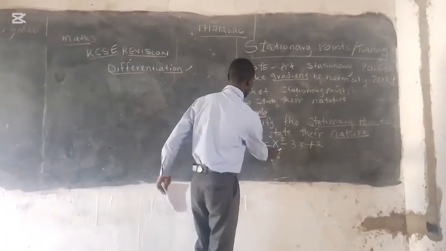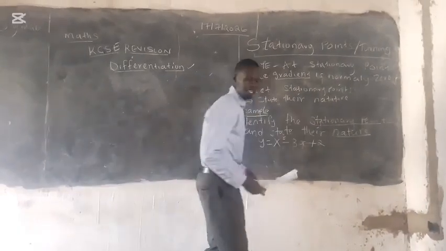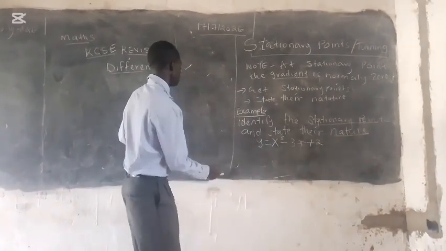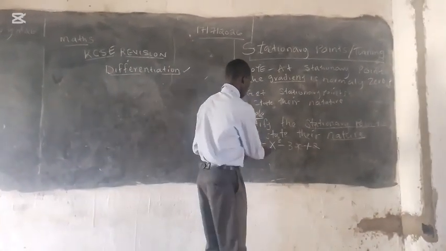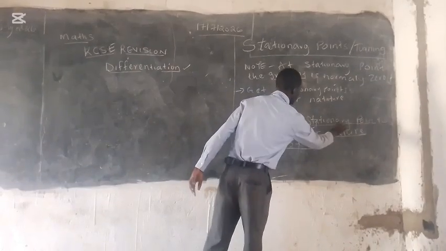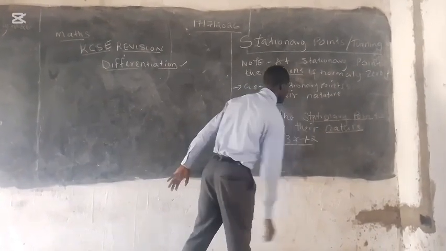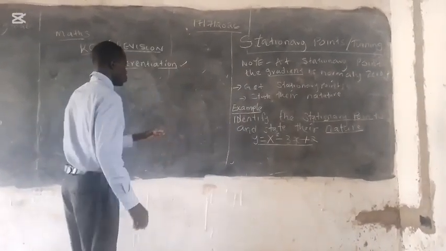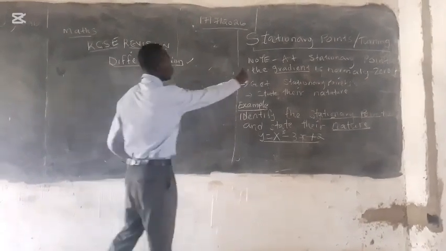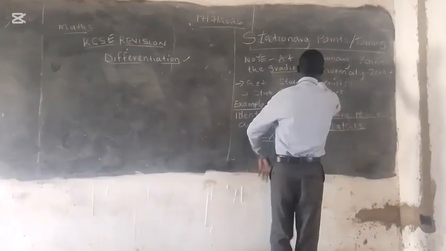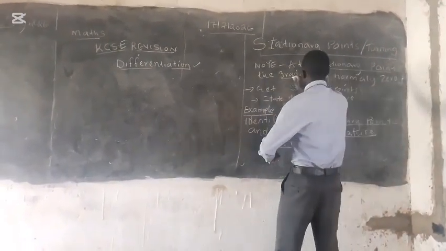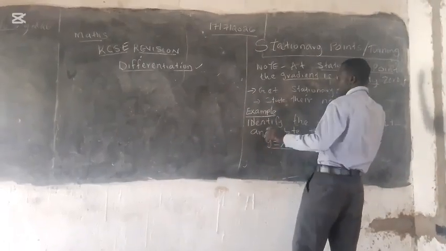Now students, it's very important for us to start doing this question. The question is to identify stationary points and to state the nature of those points. So, students, we go back to our key point that at stationary point, the gradient is normally 0.